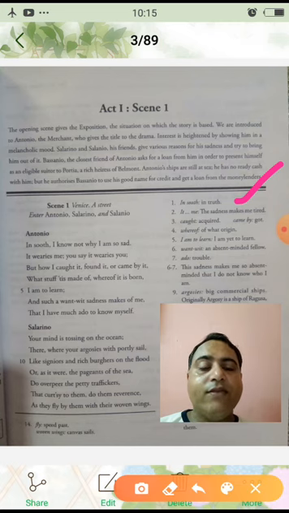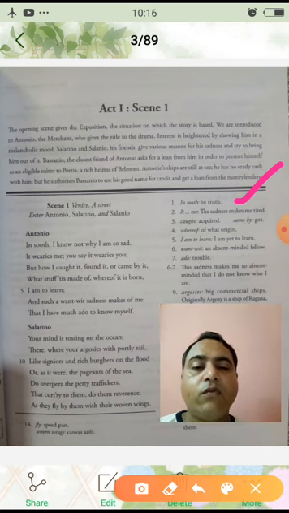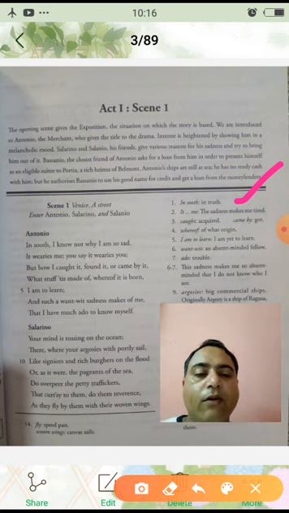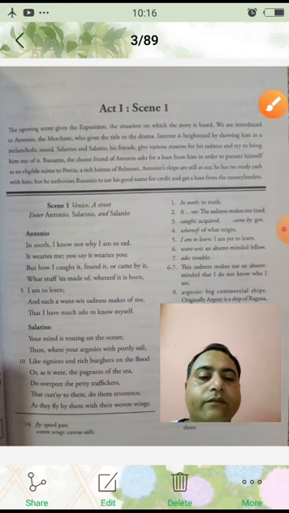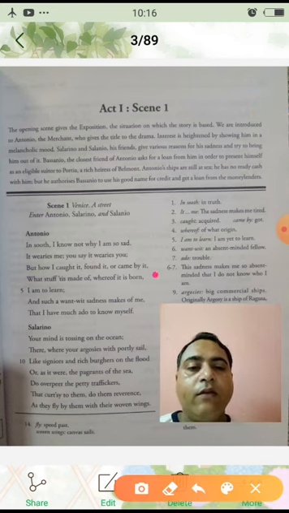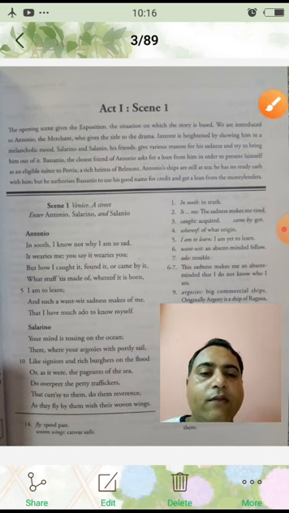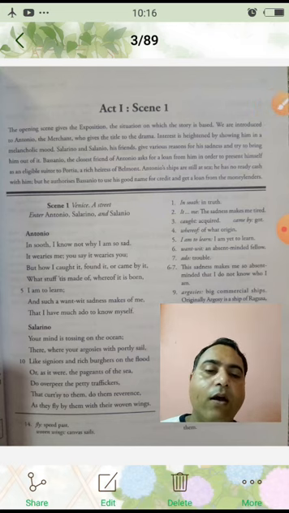You can see the explanation at numbers 6 to 7, and such a want-wit sadness makes of me that I have much ado to know myself. This is the explanation given: this sadness makes me so absent-minded that I do not know who I am.